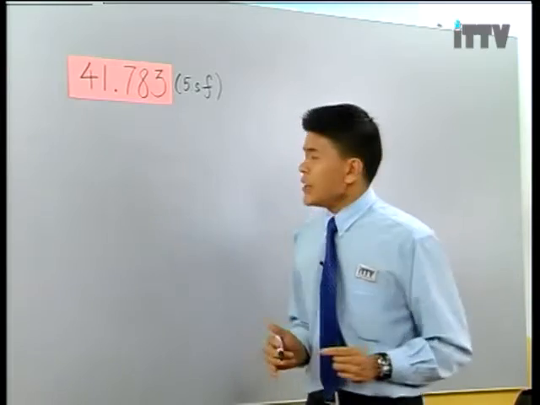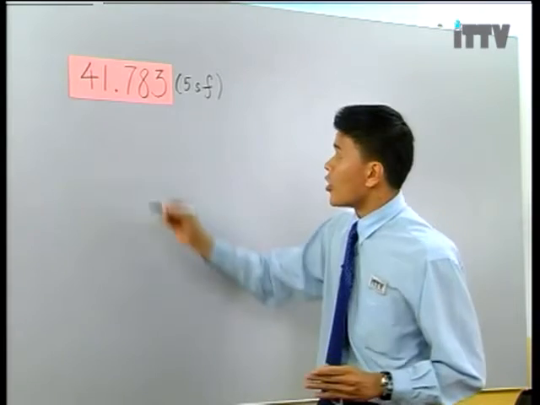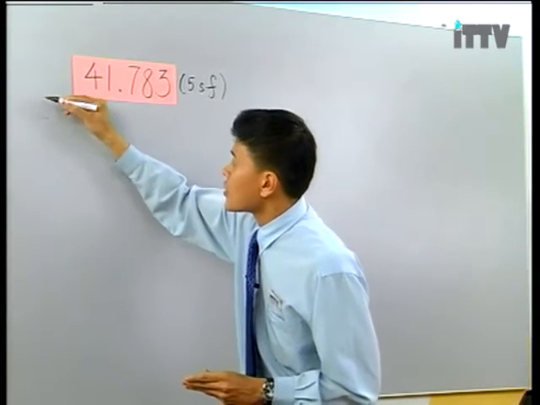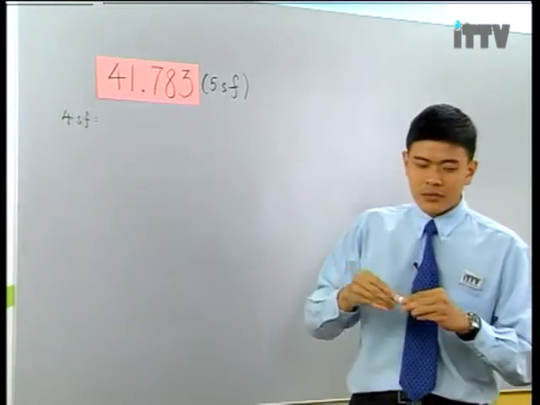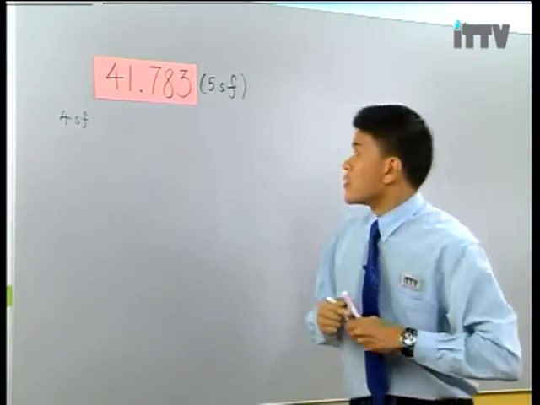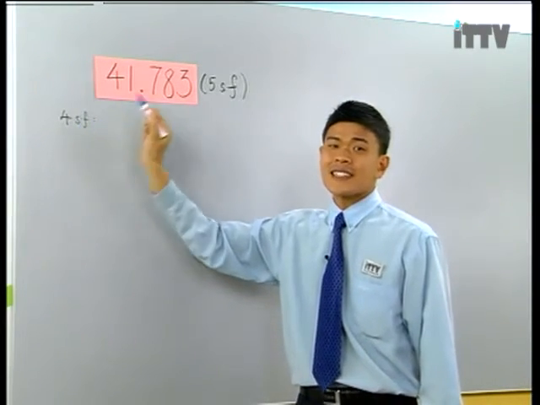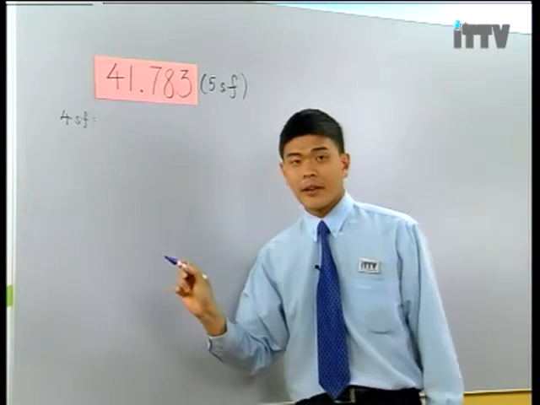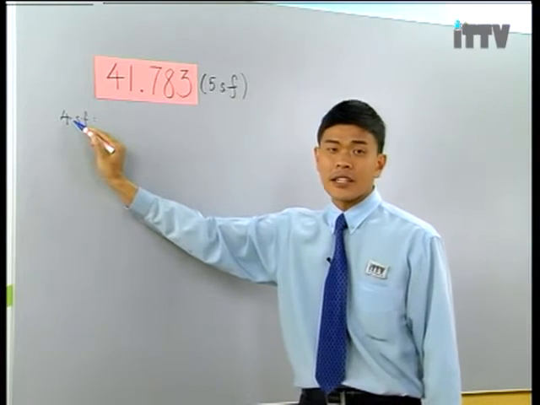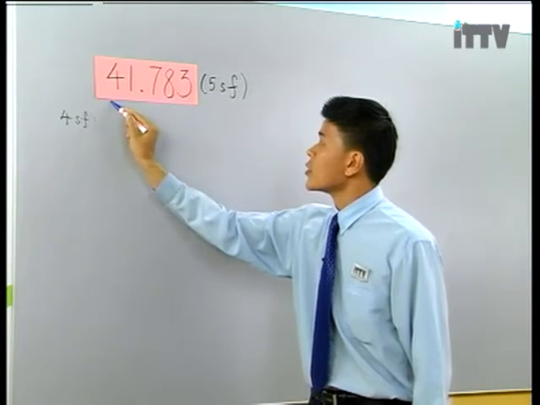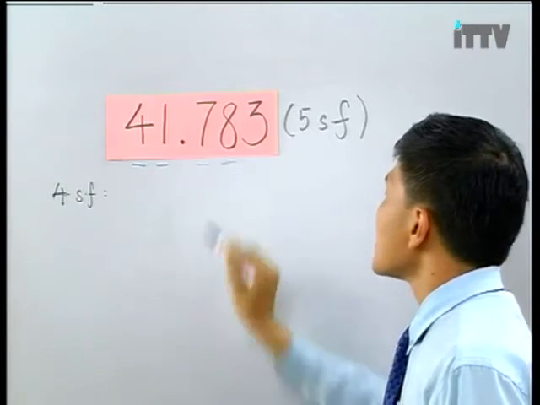First of all, if we would like to reduce the number of significant figures from 5 to 4, what do we do? First of all, if it is 4 significant figures, start from left to right and underline 4 digits starting from the first significant figure on the left. 1, 2, 3, and 4.